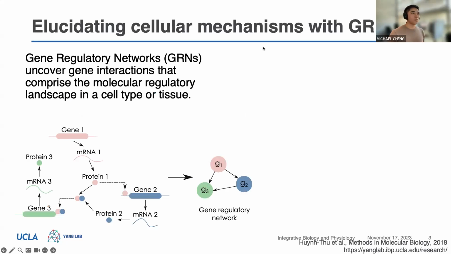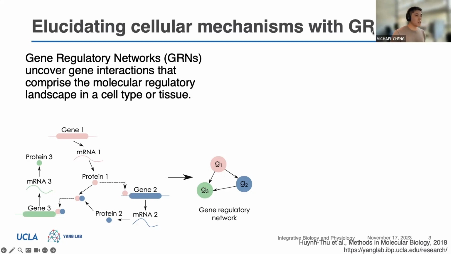So now I want to first motivate: what is a gene regulatory network? Essentially, it's a network of nodes and edges, nodes being the genes in your data set and edges being regulation between the genes. They attempt to uncover gene interactions that comprise all the molecular regulation in a cell type or tissue.